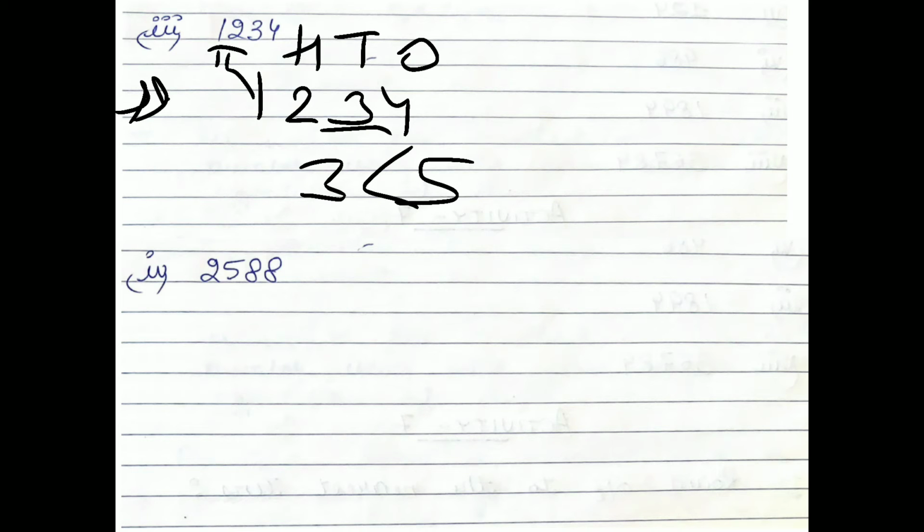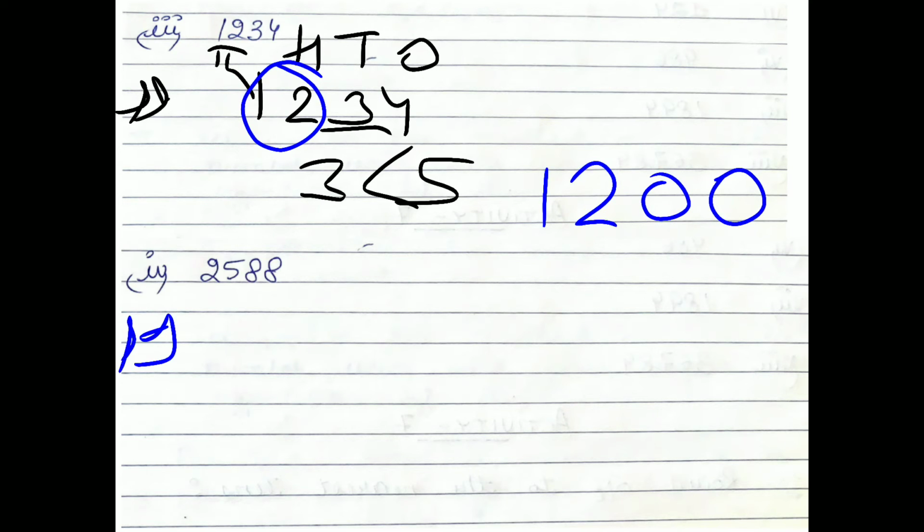Means 5 is greater. So will you add any number on 100 place? No, you will not add any number on 100 place. So these two numbers will come as it is. So 12 will come as it is, and from the underlined digit to ones place all numbers become 0, 0. Clear?